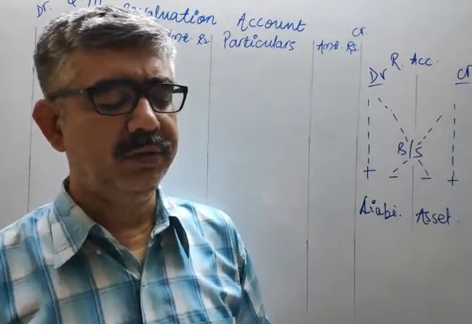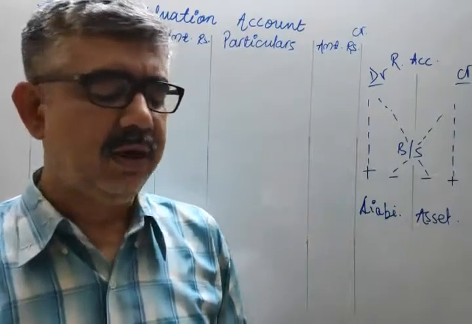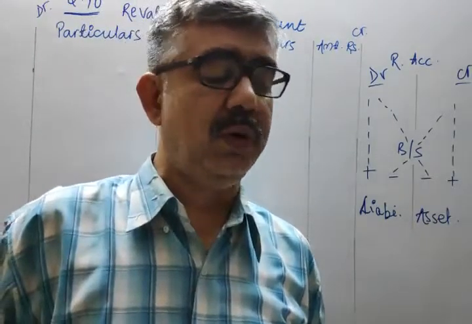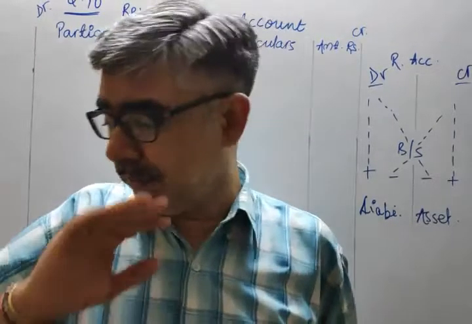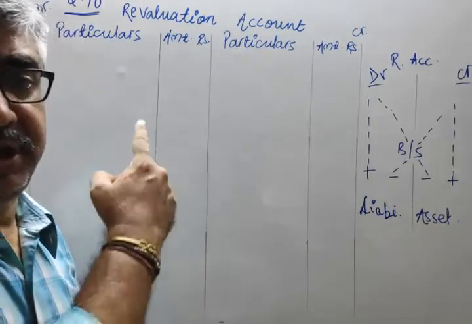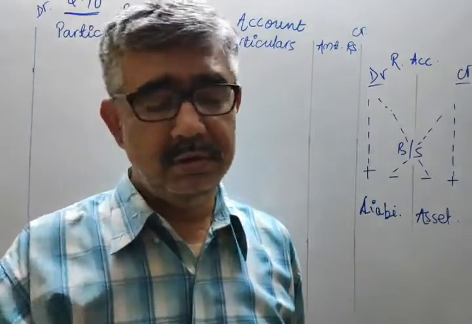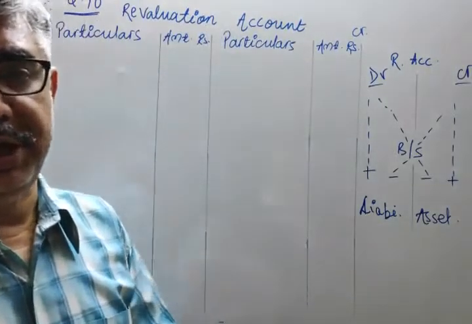As on the date of the balance sheet, partners decided to change P&L ratio to 1:1:1. As I say, they already give you new ratio also, 1:1:1. But we are not going to take it into consideration.